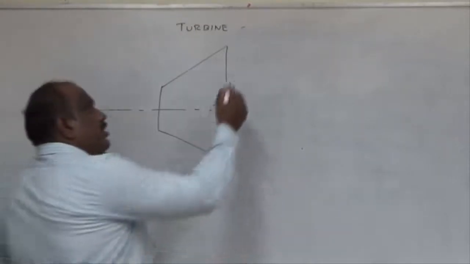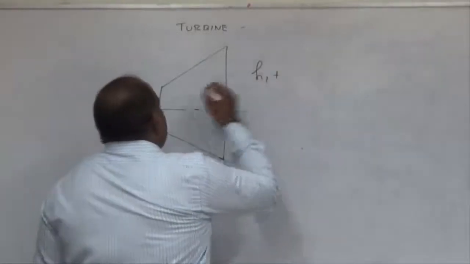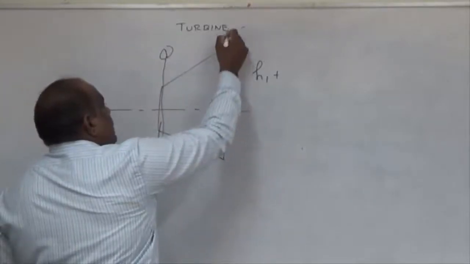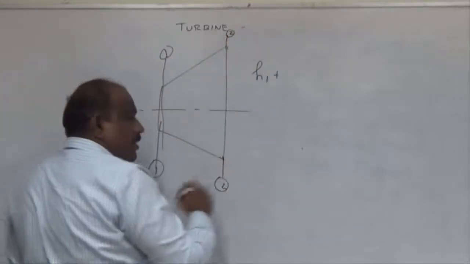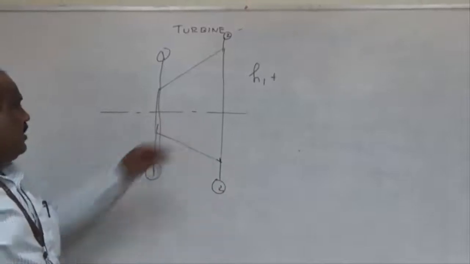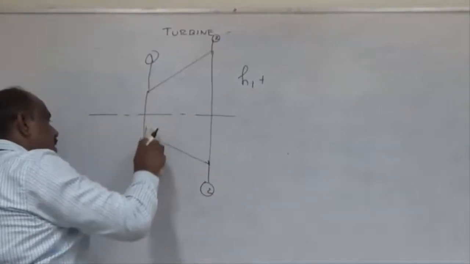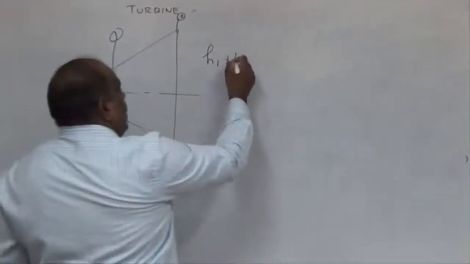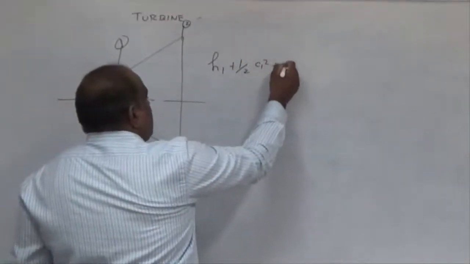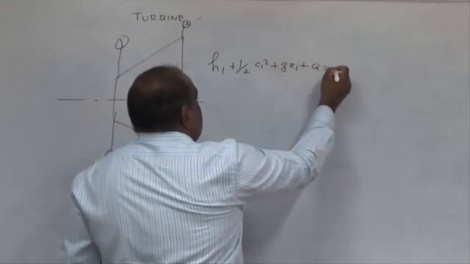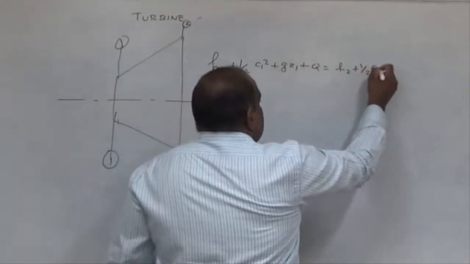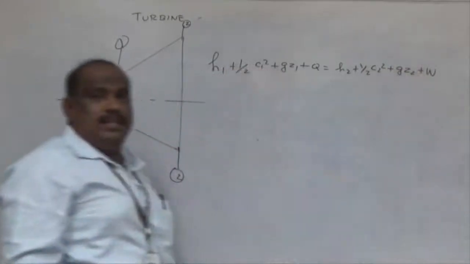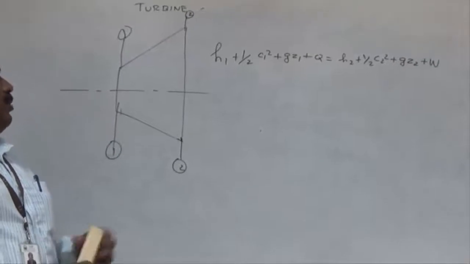So what is the steady flow energy equation? Take the inlet as section 1 and the exit as section 2. Outside of this is my surrounding and this is my boundary. H1 plus half C1 squared plus g Z1 plus Q is equal to H2 plus half C2 squared plus g Z2 plus W. What about W in case of turbine?